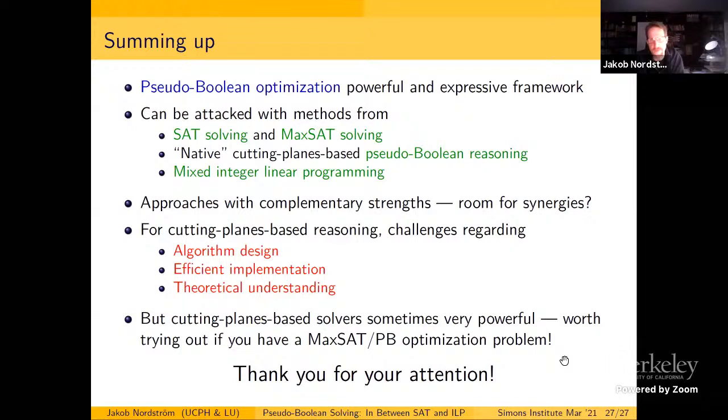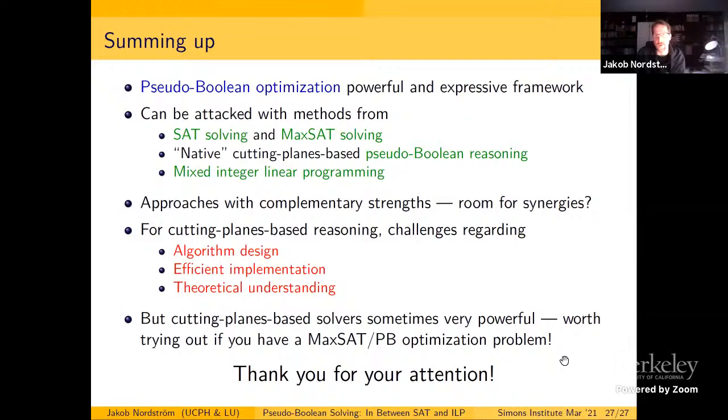What we have done is that the PB solver is clearly the master and the LP solver is the slave. You could turn this relationship around and let the conflict analysis be the slave. This is definitely something that I'd like to do.